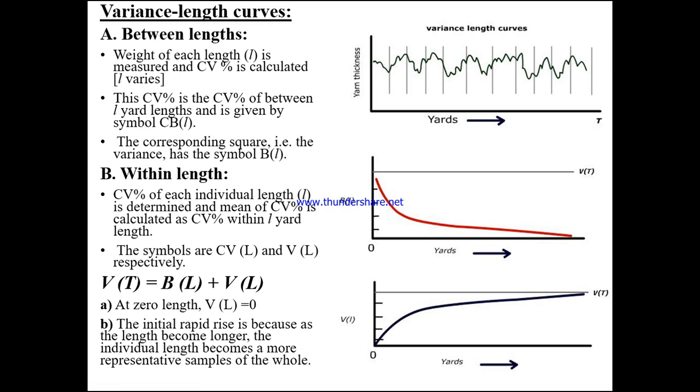So now we have made yarn specimens of small l, n numbers, for example. Now we take the weight of each and every l length of the yarn specimen, and then we calculate the mean mass, as well as the standard deviation and variance.